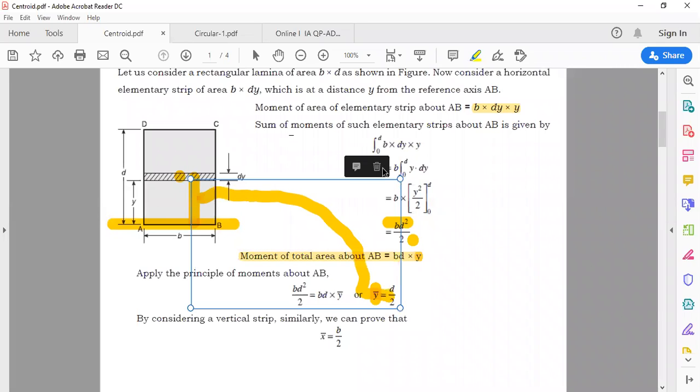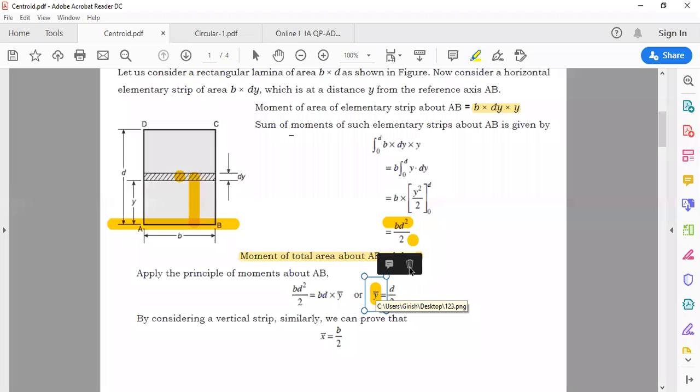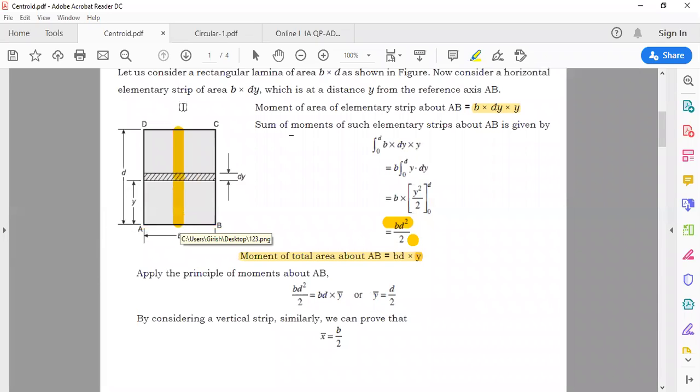Now similarly, on similar grounds, you can also calculate x bar, which is B by 2. If you are supposed to calculate x bar, then instead of the horizontal strip, you may take a vertical strip like this, and you can always calculate.